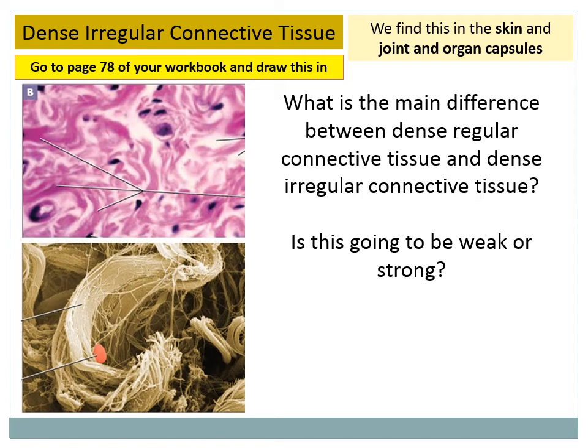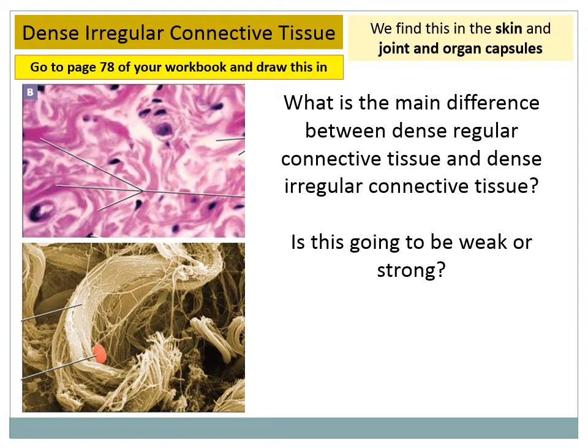Since we have dense regular connective tissue, we have dense irregular connective tissue. So, I mean, we have one, we're going to have the other. When we look at dense irregular connective tissue, we can see a couple of differences, but what is the main difference between our dense regular and our dense irregular connective tissue?